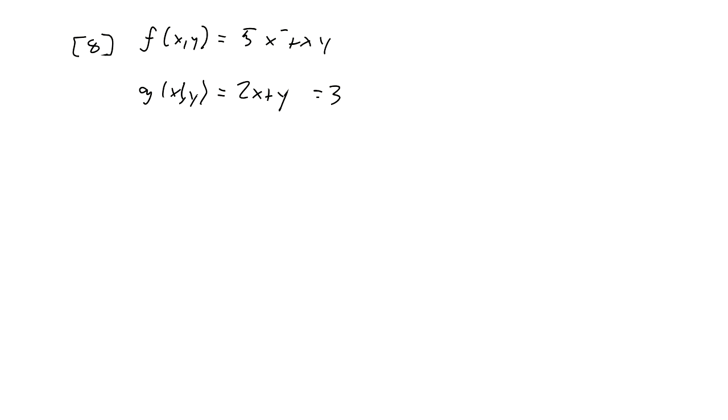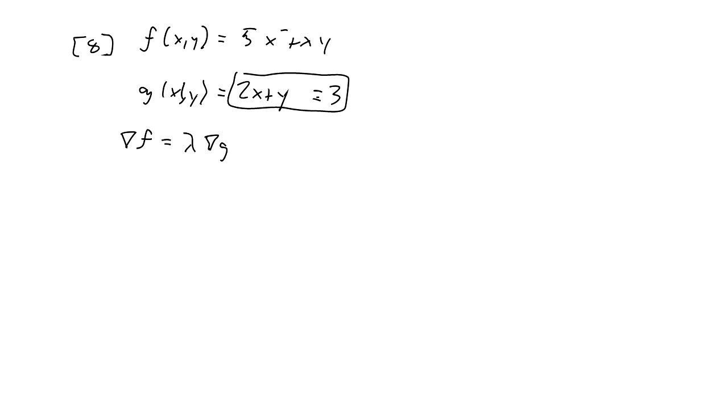So remember, the constraint, you sometimes have to rewrite it so that you have all the variables on one side and a number on the other. This problem was already stated so that the variables were on one side and the number was on the other. So your g is going to be that variable side of the equation. All right. So in Lagrange multipliers, we take the gradient of f and we set it equal to lambda times the gradient of g.